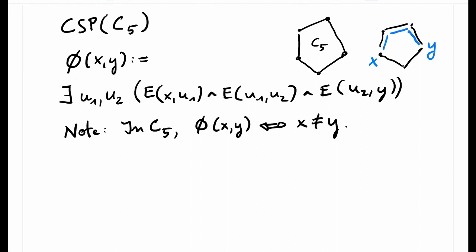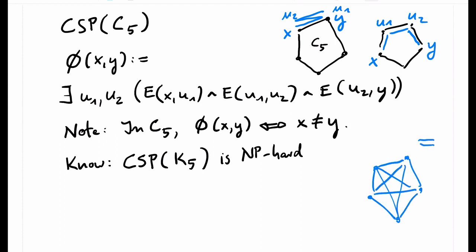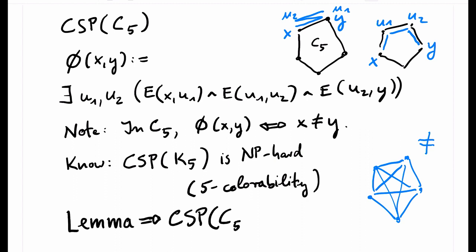So the relation defined by phi in C5 is nothing but the 5-clique, called K5. And we already know the computational complexity of CSP of K5. This is the 5-colorability problem, and it is NP-complete. Hence, by the lemma, CSP of C5 is NP-hard, because CSP of K5 can be reduced to CSP of C5 in polynomial time.